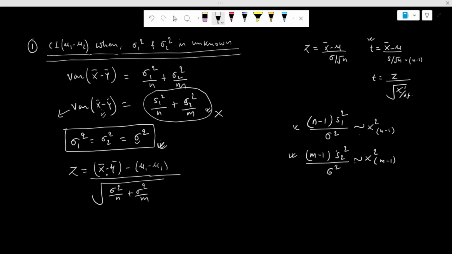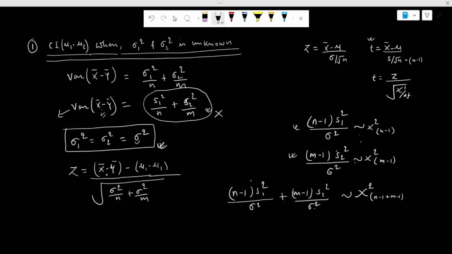If they are independent chi-squares, then the sum of the independent chi-squares also has a chi-square distribution, and the degrees of freedom is equal to the sum of the individual degrees of freedom. So this is the independence version of the chi-square distribution.